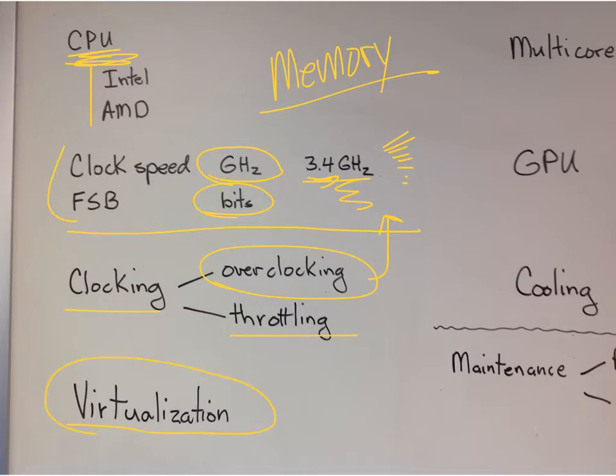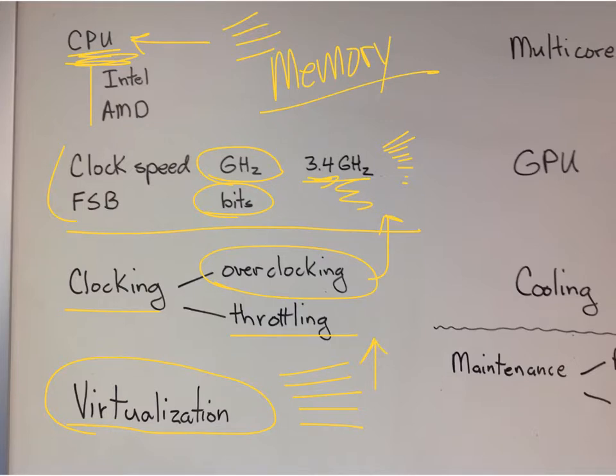Virtualization is this ability to run multiple, for example, OSs and make good use of this power of the CPU. It's hard to keep the CPU busy, so you can distribute that power, especially when you have multi-cores and so forth. By virtualization, we can run multiple operating systems to take advantage of this power.